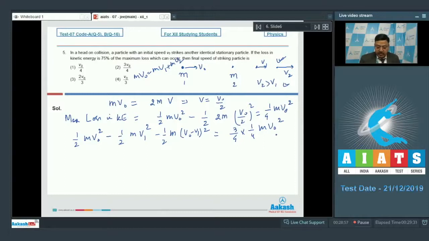M's are there on both sides with each term, so the mass m will be cancelling on both sides, and we will be left with a quadratic equation in v1, and solving which and applying the condition that v1 is less than v2, we can see that the value of v1 is coming out to be v0 by 4, which matches with option 1. So option 1 is correct for question 5. Let's go to the next question now.